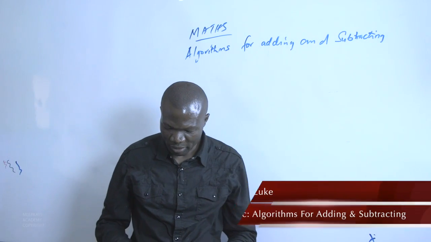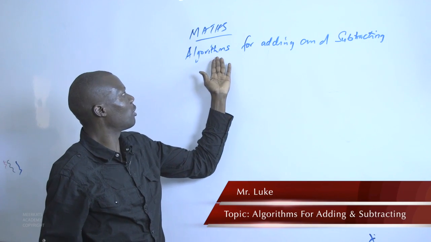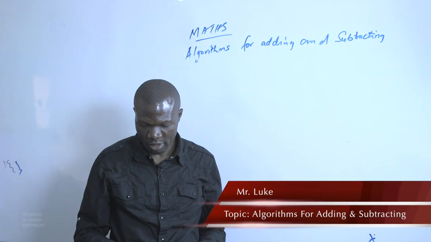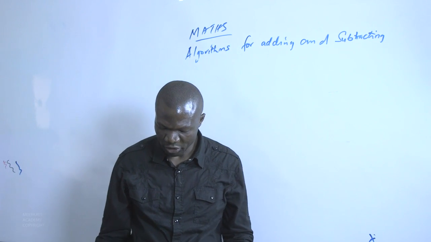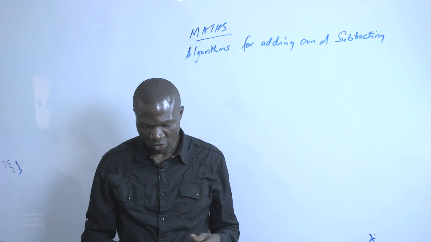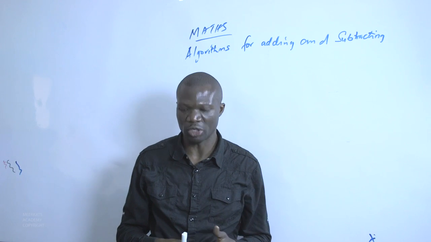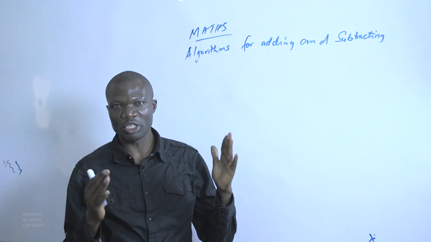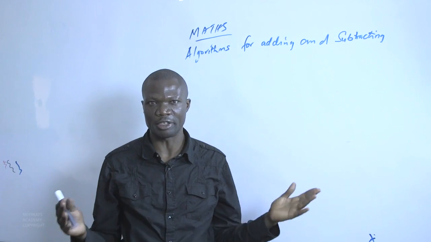In our mathematics class today, we are going to look at algorithms for adding and subtracting. In most cases, as we have seen in our previous lessons, we've been able to add and subtract. But sometimes the basic numerals are large.